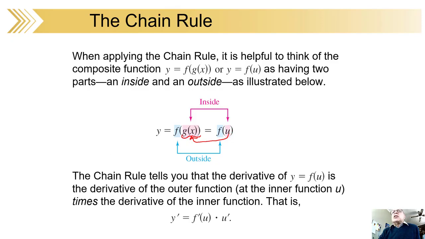We're going to leave g of x exactly the way it is. Here we're calling it u to just make it simple. We're going to take the derivative of the outside function.